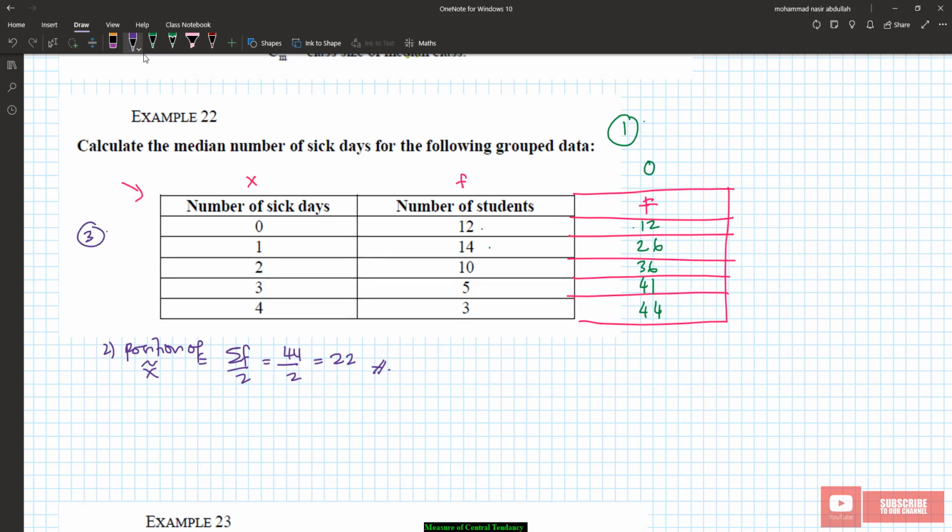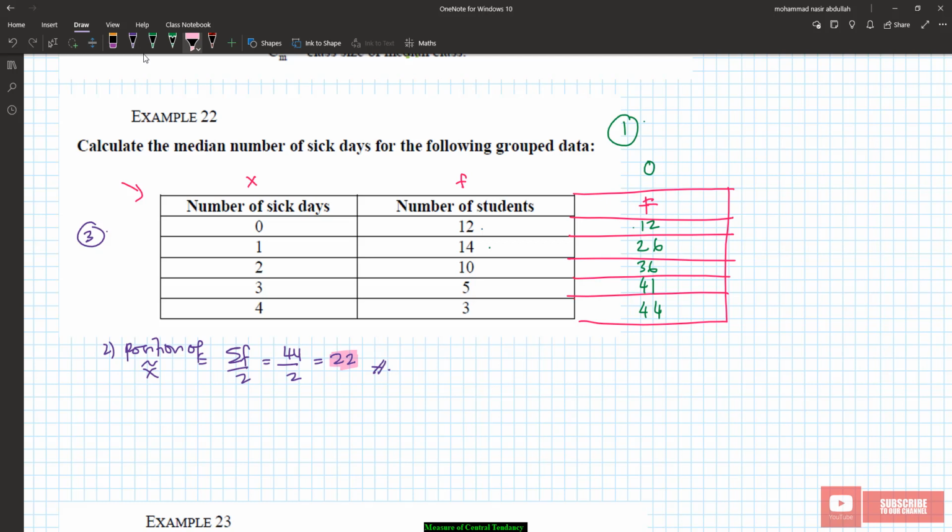Okay, step number 1, let's repeat. We construct a cumulative frequency. Step number 2, we find the position of median. Step number 3, we want to locate where the median class is. So for the median class, we look at 22. We need to look into the cumulative frequency.